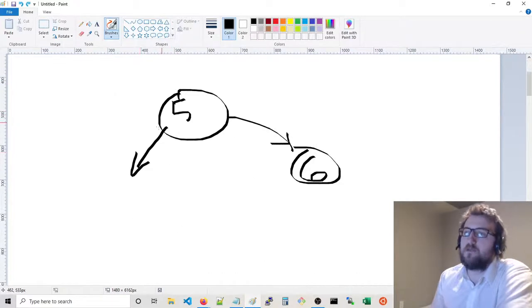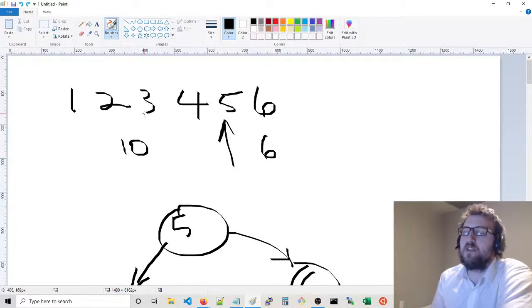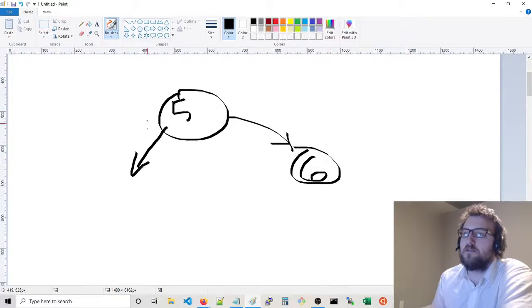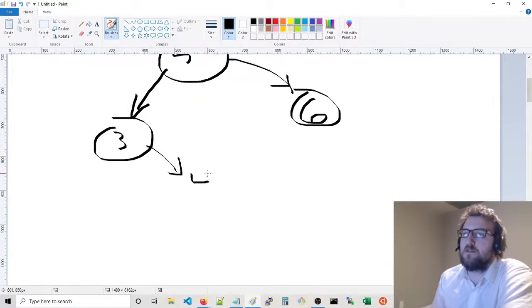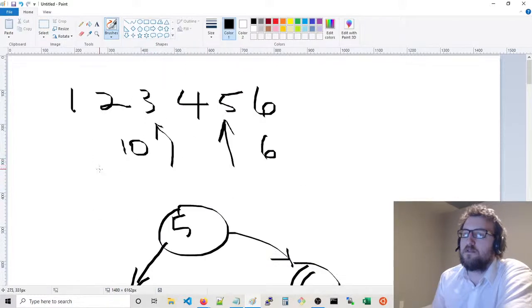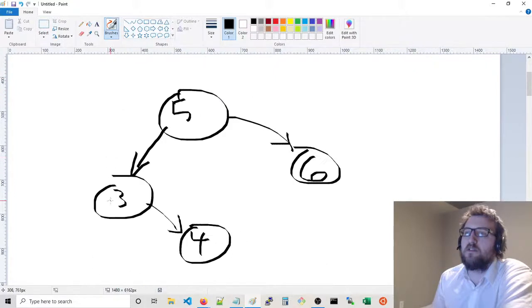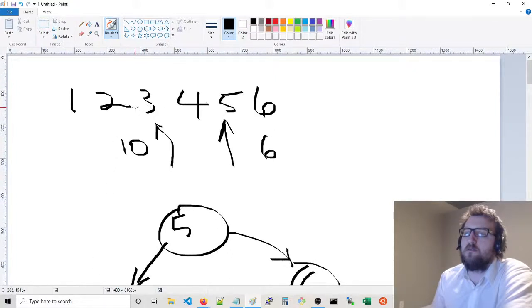And then you have 1, 2, 3, 4, which I think you pick 3. Gives you 3 and 4. If you pick 2, you get 1 and 7. If you pick 4, you get 6 and 0. So 3 gives you 1 and 2 and 4. Which do you pick, 1 or 2?